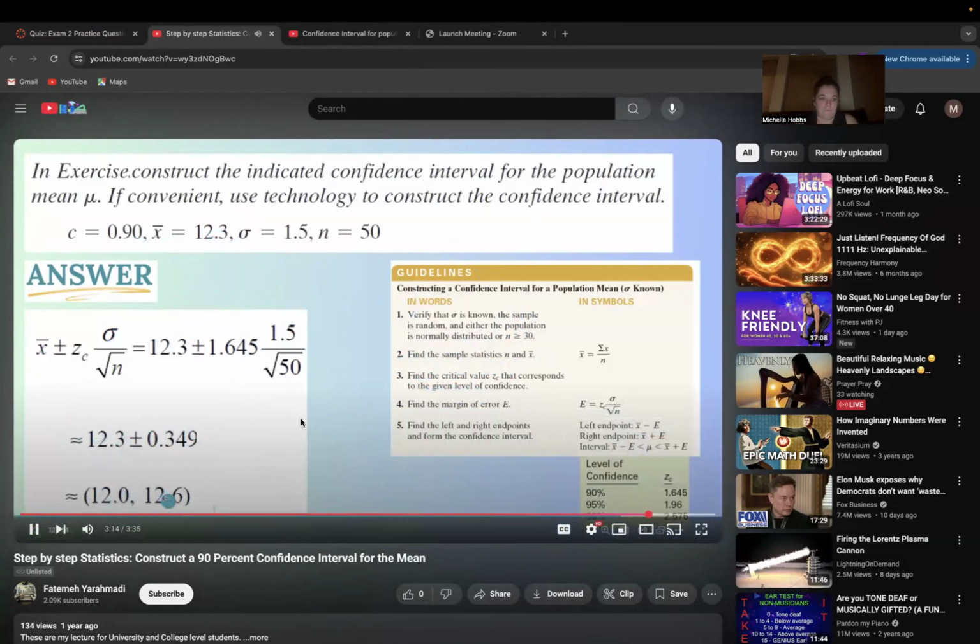The population mean is bounded between 12 and 12.6. If we change the confidence level, we get a different confidence interval. That's why it's important to use the correct critical value.